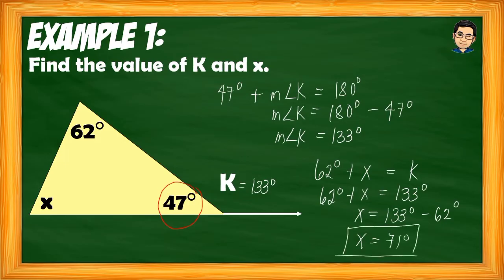Now, to check, 62 plus 71 degrees is 133 degrees. And then to check yung interior angles kung tama, so 62 plus 71 is 133 degrees. Plus 47, that is equal to 180 degrees. So, tama nga na yung value ng K is 133 degrees and then X naman is 71 degrees.